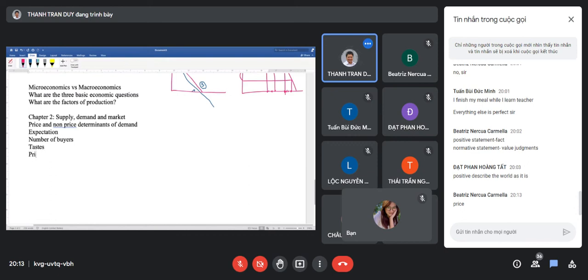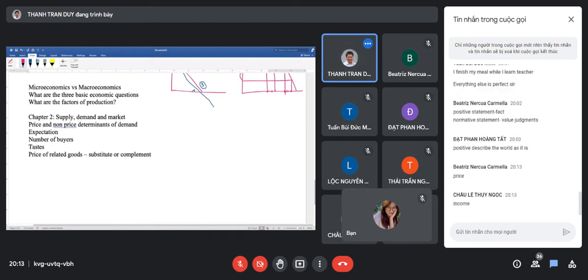Complements, right? What else? Yes, income. So they are non-price determinants of demand.